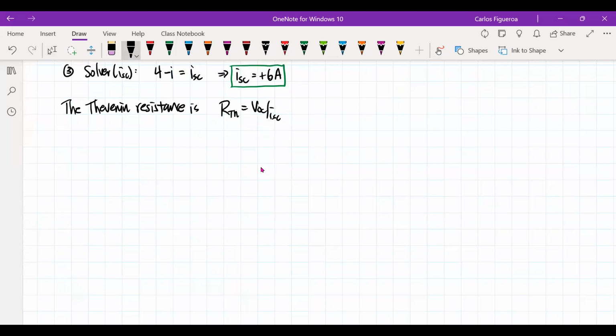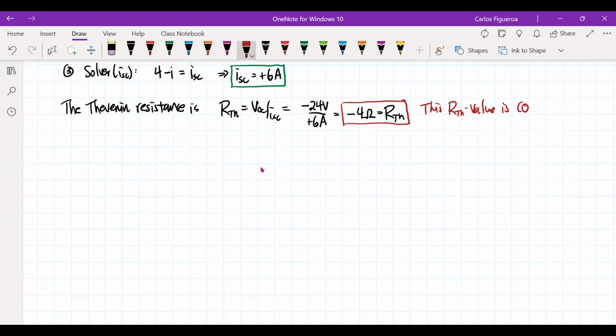I take the ratio of these guys, and I'm going to get minus 24 volts over plus 6 amps, and I get minus 4 ohms for the Thévenin resistance. This RTH value is correct and unusual.